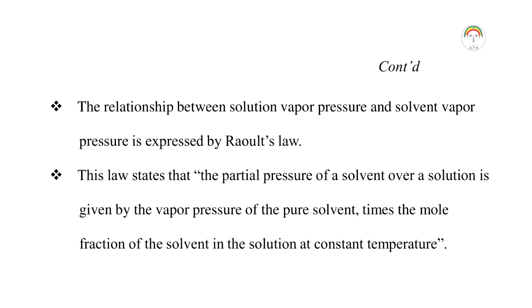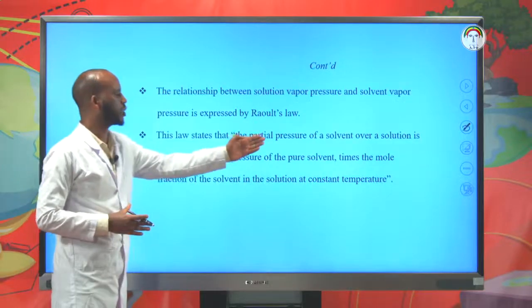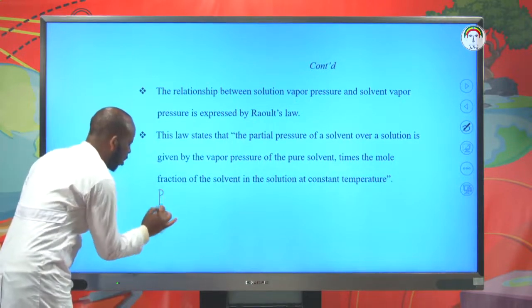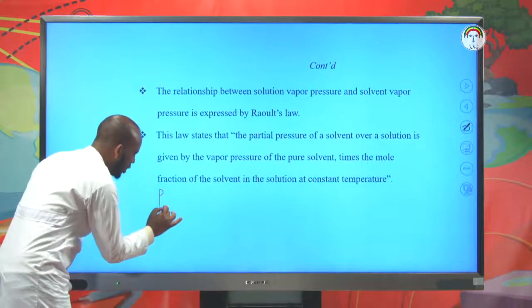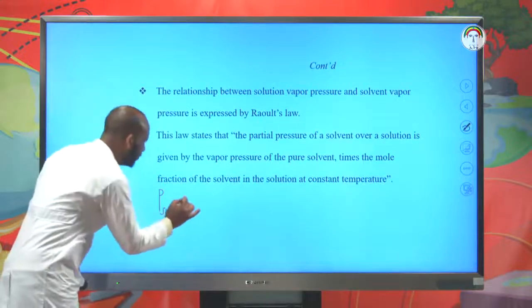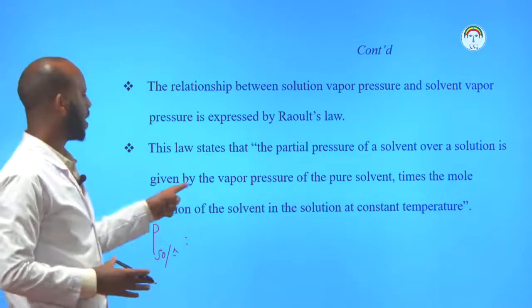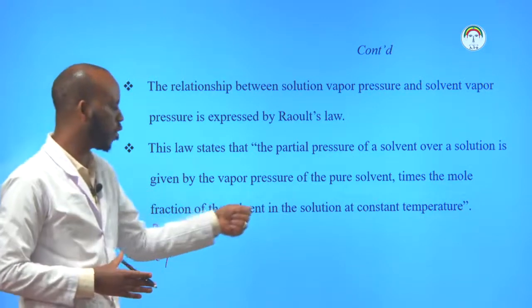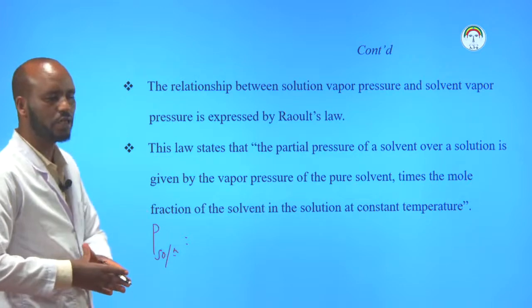The relationship between solution vapor pressure and solvent vapor pressure is expressed by Raoult's law, which states that the partial pressure of a solvent over the solution, P of the solution, is given by the vapor pressure of the pure solvent times the mole fraction of the solvent in the solution at constant temperature.